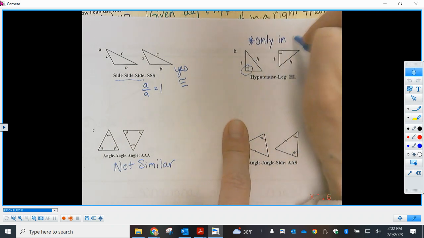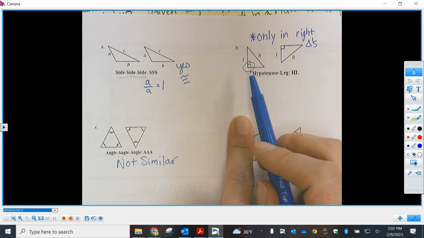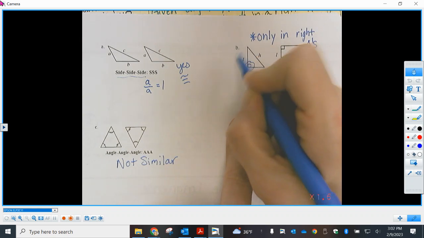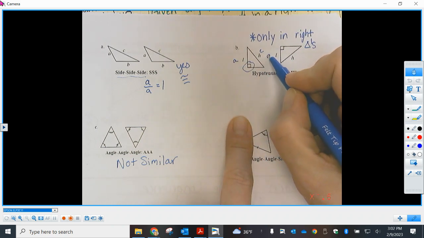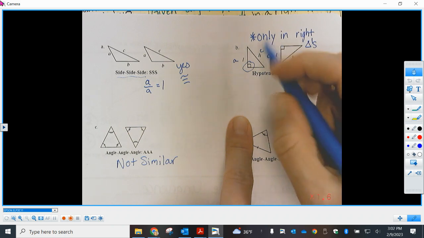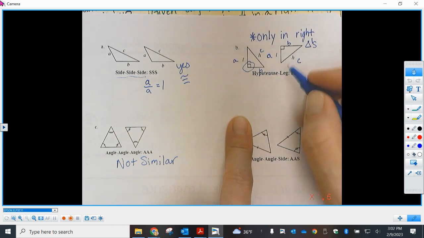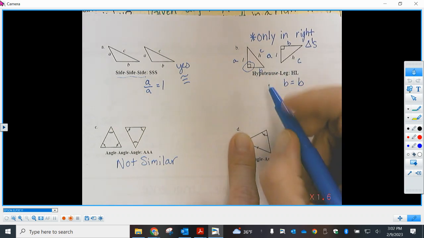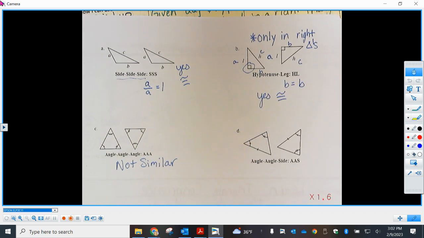Only in right triangles. We could use the Pythagorean theorem and show, if we called this A and this was C, and this was A and this was C, that B would have to equal B. So hypotenuse leg gives us a congruence.